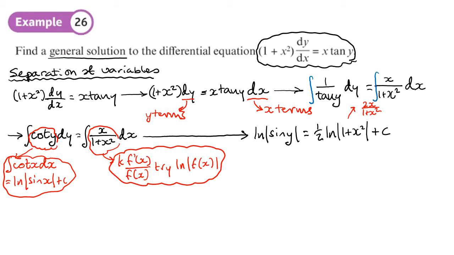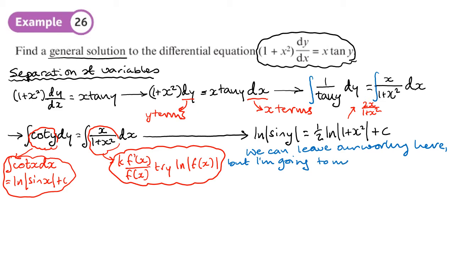But the next bit, what I'm now going to do is attempt to make y the subject. Okay, so we can leave our working here, but I'm going to make y the subject.